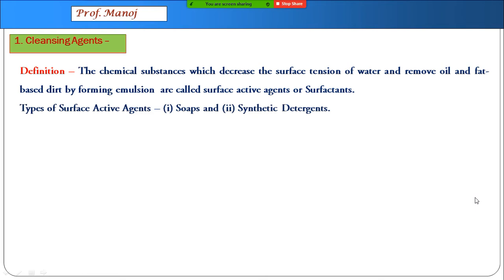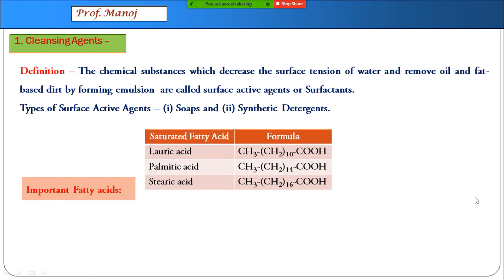Now these cleansing agents which we use in daily life are of two types, as we know: soaps and synthetic detergents. Before we learn about the structure and chemistry of these, we will learn about what fatty acids basically are. We come across two types of fatty acids in this topic.